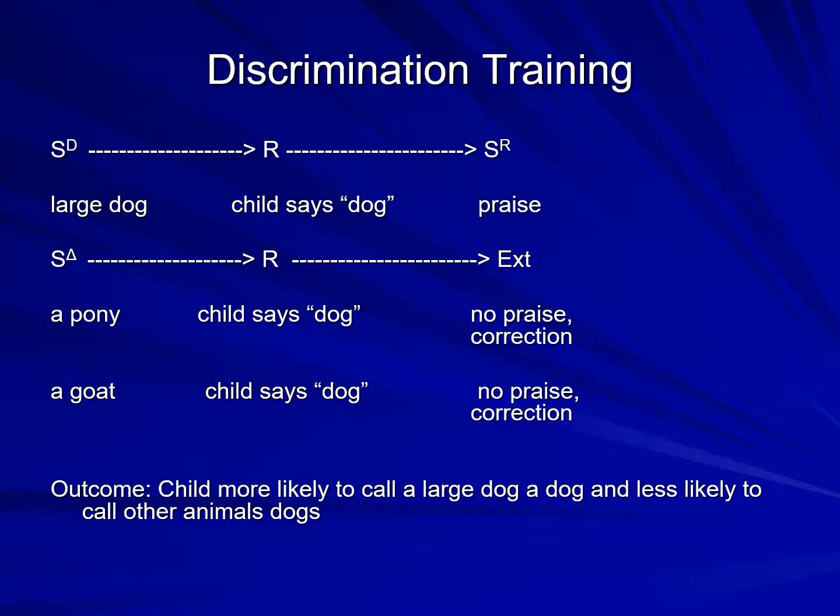Or if you teach me with a Chihuahua and a Shih Tzu, or a toy Cocker Spaniel, then that person's probably not going to be able to identify a Great Dane and a Mastiff and a Saint Bernard as a dog. So it's with repeated exposure and training that you get discrimination training.